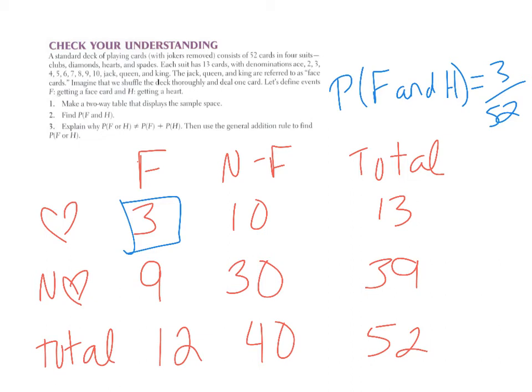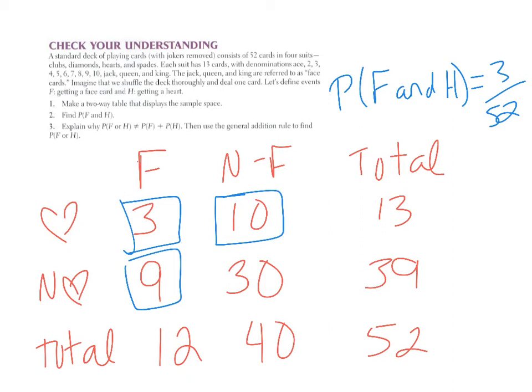So if I want to find the probability that they are a face card or they are a heart, I'm looking at these 3 right here. And I can use my general addition rule to prove that by doing it.